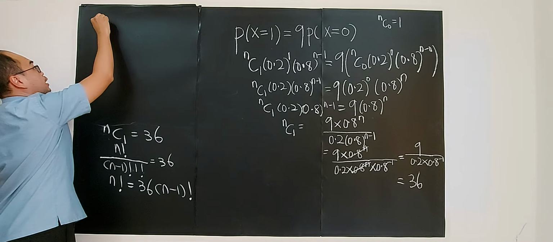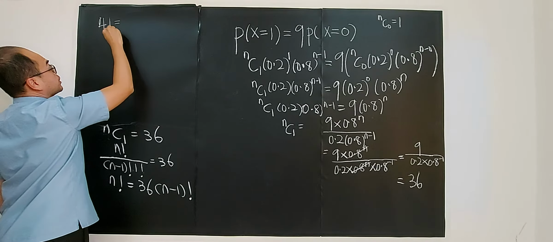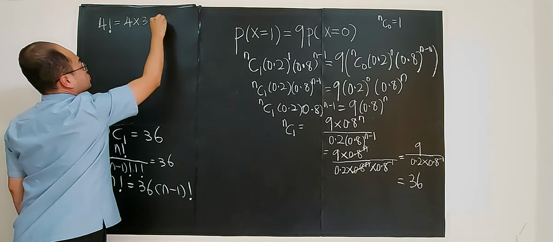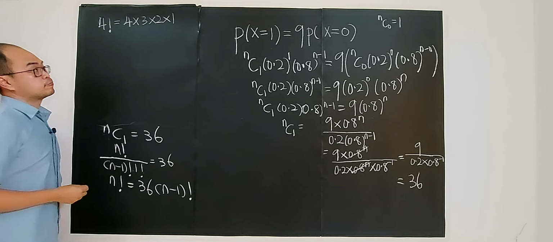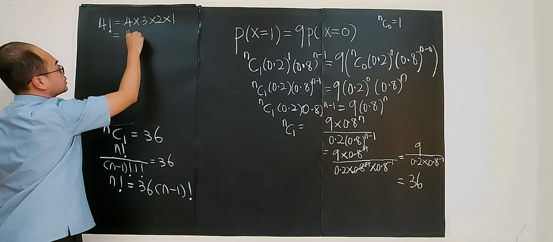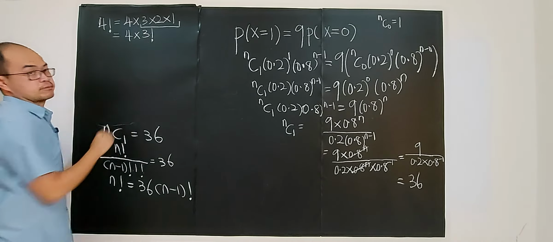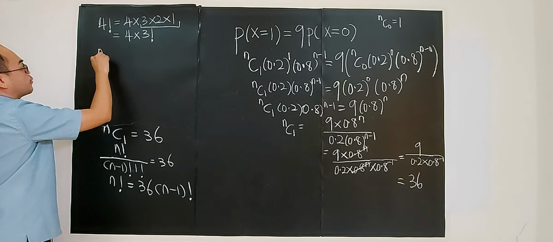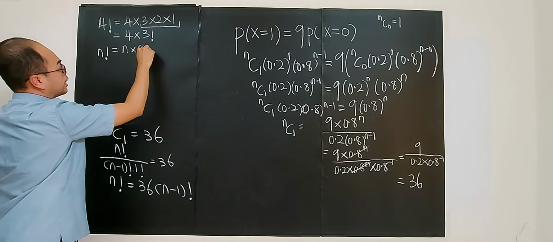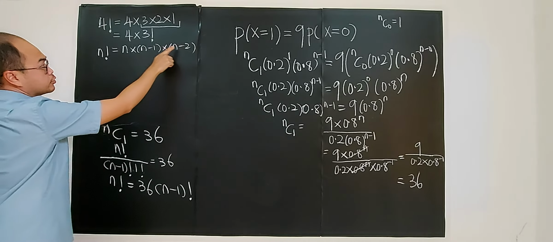If I have 4 factorial, you can rewrite it as 4 times 3 times 2 times 1, and I also can write it as 4 times 3 factorial, combining the last three. Same thing here: n factorial can be rewritten as n multiplied with n minus 1, multiplied with n minus 2, and so on, keep reducing the number by 1.